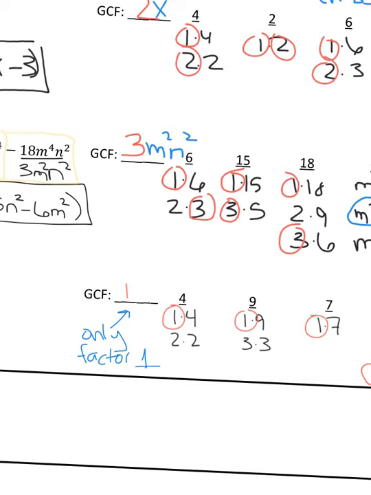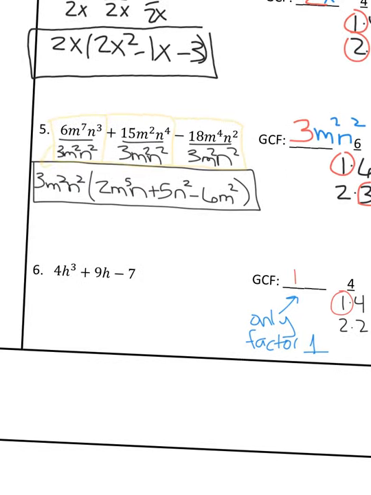If the only factor of anything is the number 1, then we are calling this a prime polynomial. It cannot be factored, right? So just like with numbers, polynomials may also be prime and cannot be factored. So if something cannot be factored, then we just write it as prime. If we try to factor something and it does not work, then we write the answer as prime.